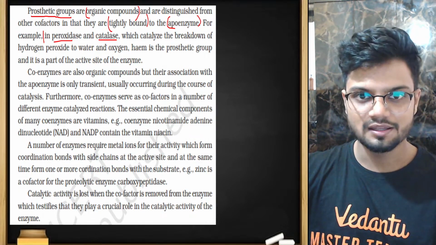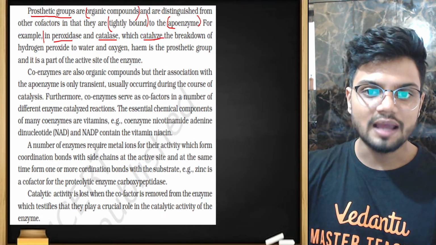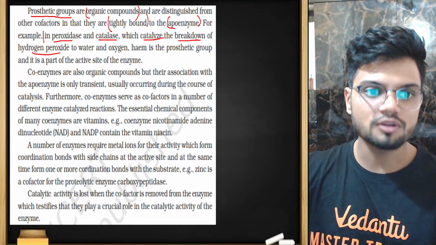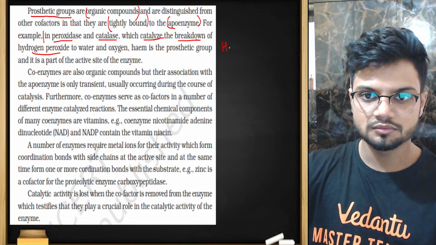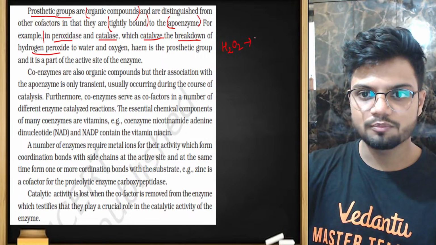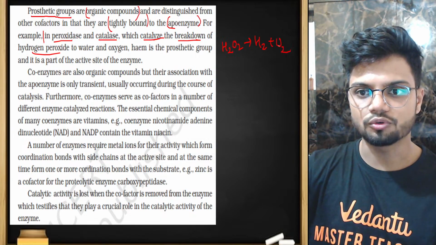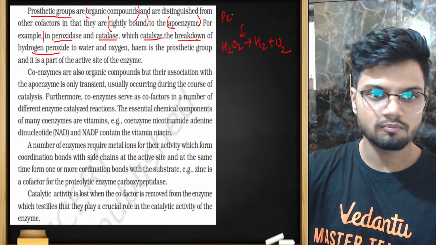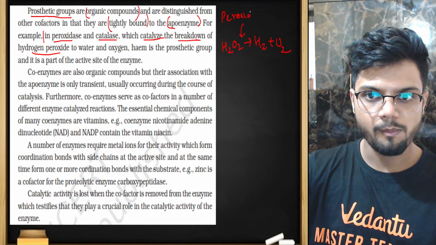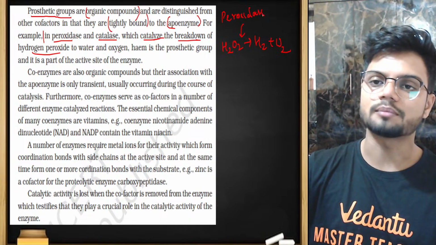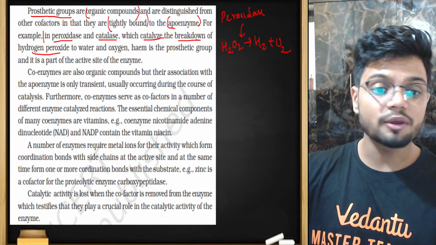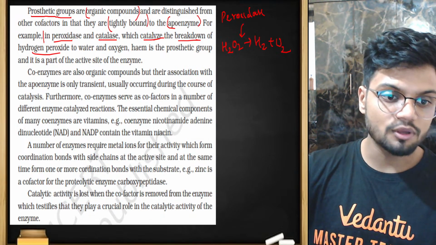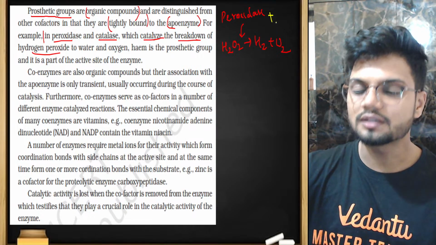Example, third point, that is peroxidase and catalase, which catalyze the breakdown of hydrogen peroxide. H2O2 is broken down into H2 plus O2. The enzyme involved here is peroxidase. But this peroxidase enzyme cannot function unless there is the cofactor.